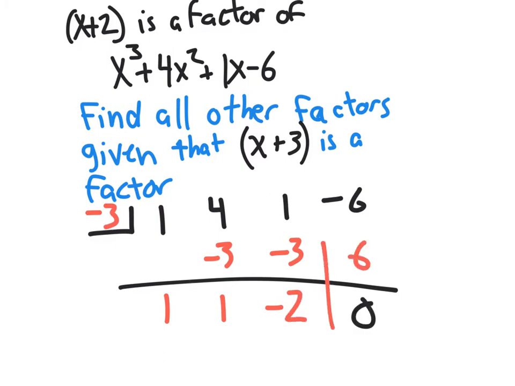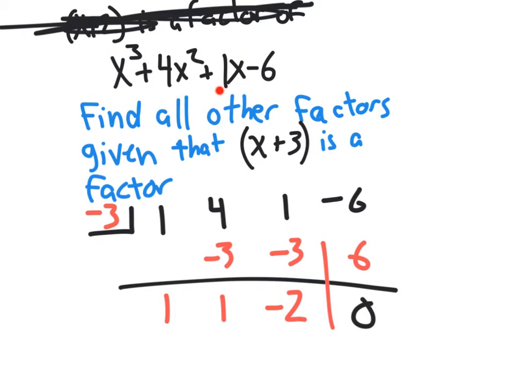We already knew that. So why would I do this if I already know it? Because they're telling us that x plus 3 is a factor. Let's scratch that out. It says, find all the other factors given that x plus 3 is a factor.